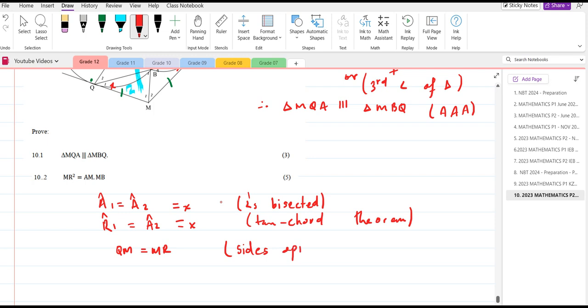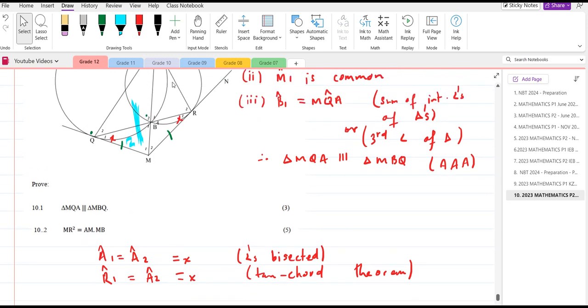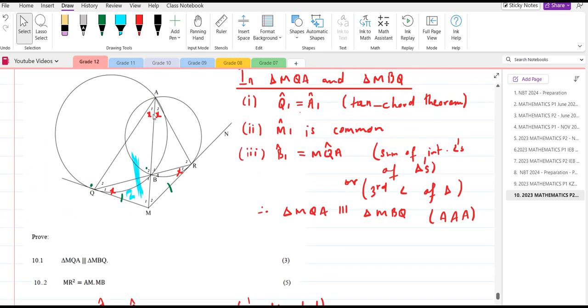Now remember, we also proved that, let's just write the other one as well. Let's not leave out any information. So remember, angle Q1 is equal to angle A1. I'm basically just copying this.